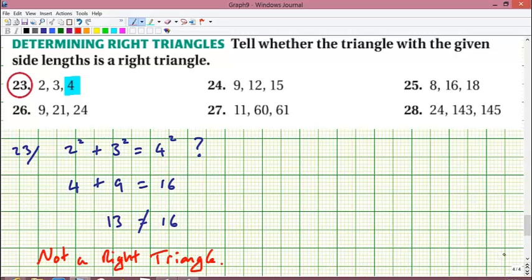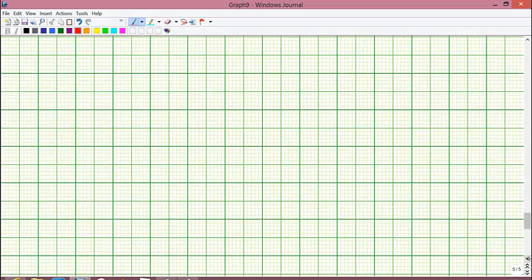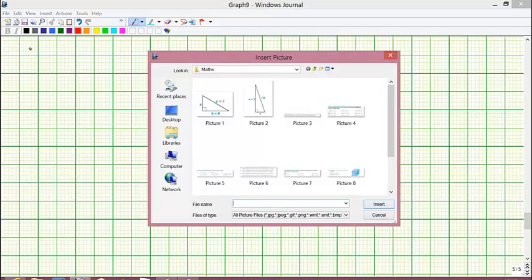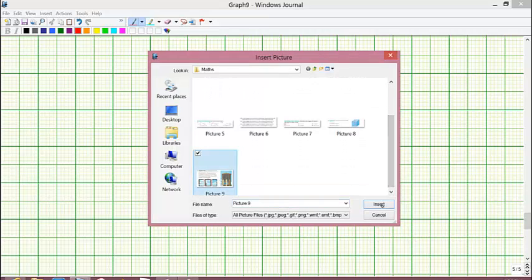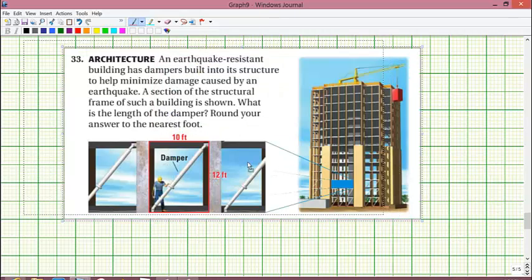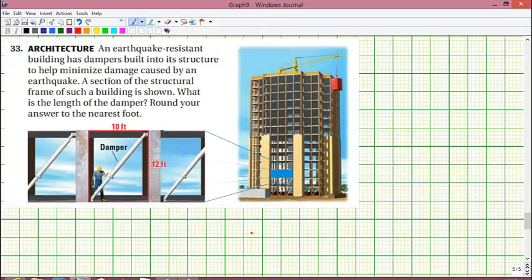Right. Okay, I think we'll just start with one of the word problems. There's quite a few here, but let's just start with a simple one here, and we'll answer this. So we've got a structure, dampers built into the structure, and so on. Okay, what is the length of each damper?